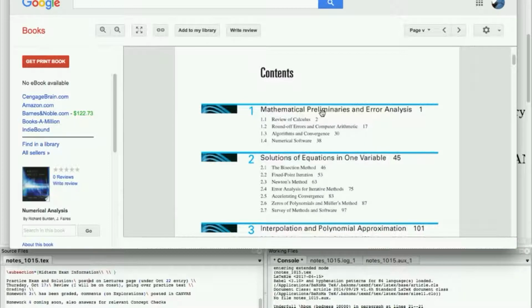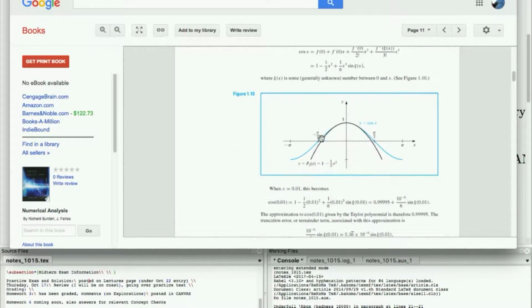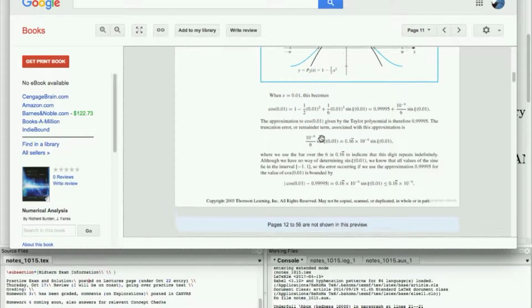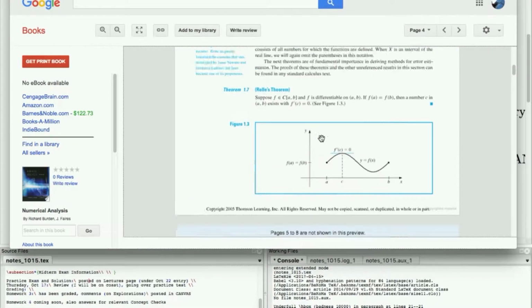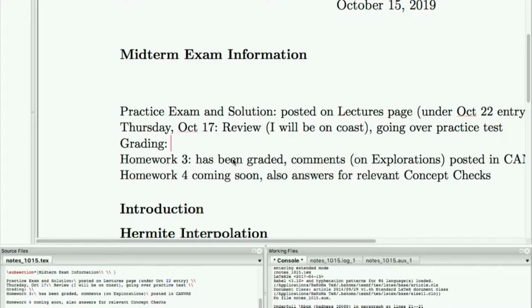If you look for any book and also add PDF to your search, if it's posted somewhere for free, you'll find it. This preview will not show me, but I see that there's a section on algorithms and convergence. So the thing to look for, I'll type it in the notes.